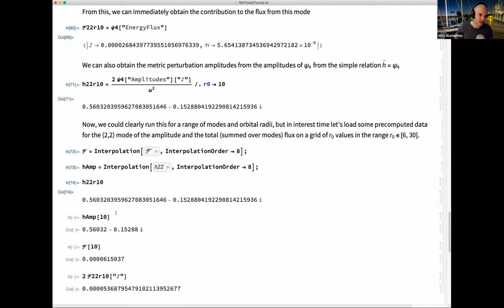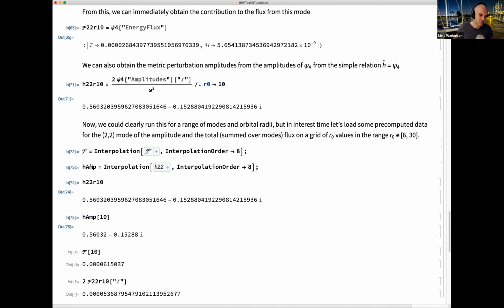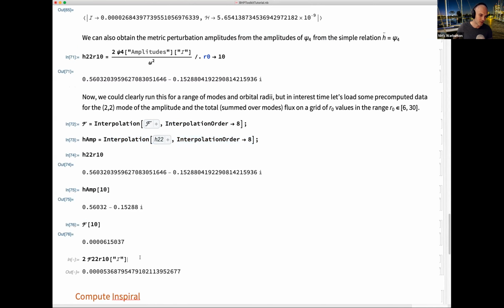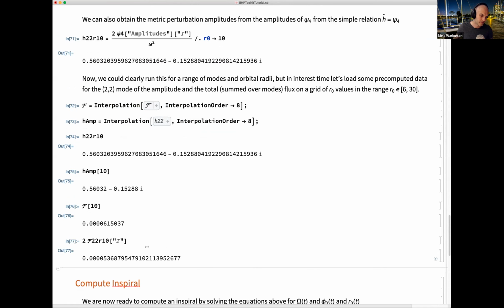So you can just double check that this amplitude from this object, this interpolation, at all these different values of R0. So this is an interpolation over the LM modes and R0, and this is an interpolation over R0. And we can check that our flux that we computed, why do those two things not agree?